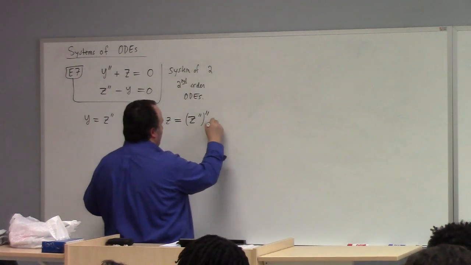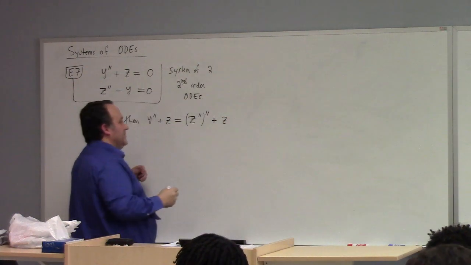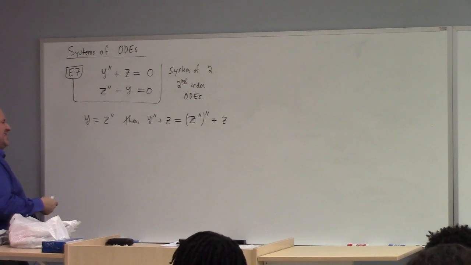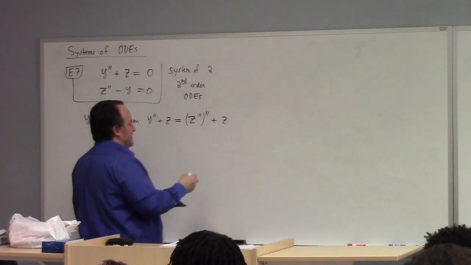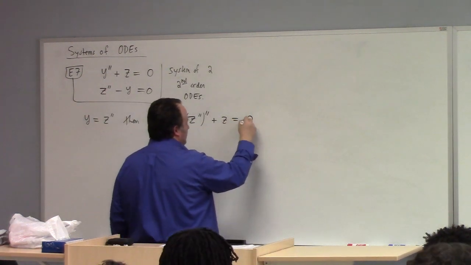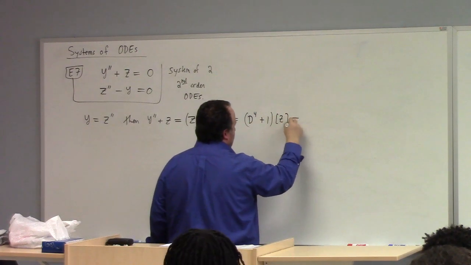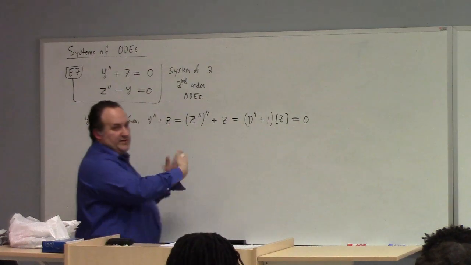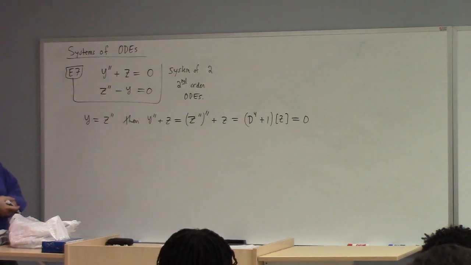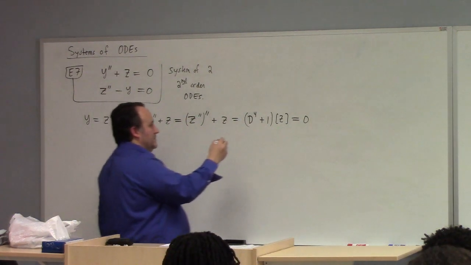So, sorry, I'm easily amused. But, yeah. Ew. Oh, hey, that's a good idea. So this is d to the 4th plus 1, acting on z equals 0, and we can solve that, I think.